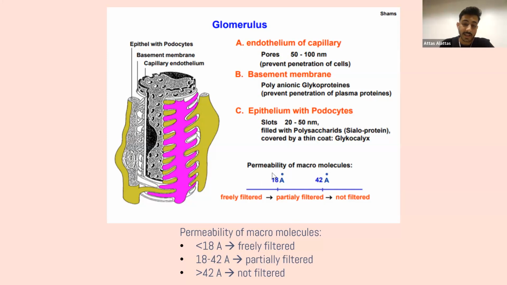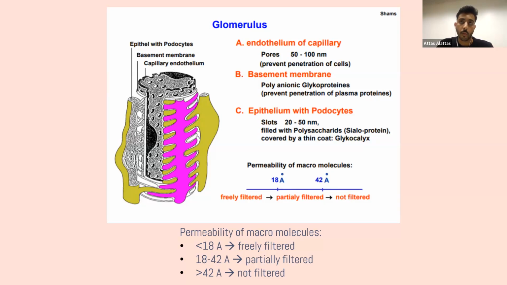So if they have a radius of 18 angstrom or less, they will be freely filtered. If they have a radius of 42 angstrom or more, they will not be filtered. And if they have a radius between 18 and 42 angstrom, they will be partially filtered.